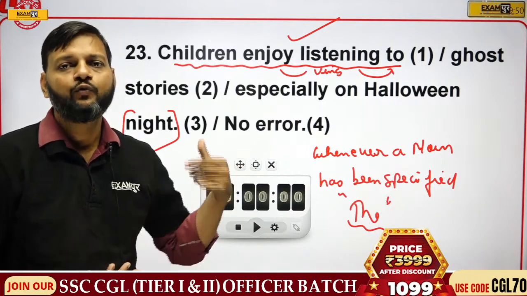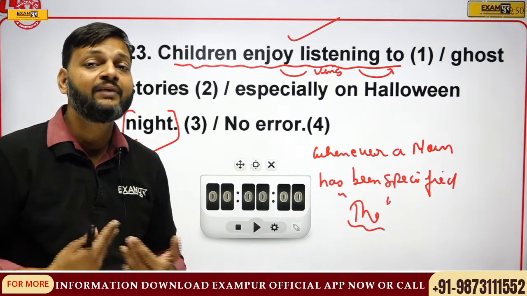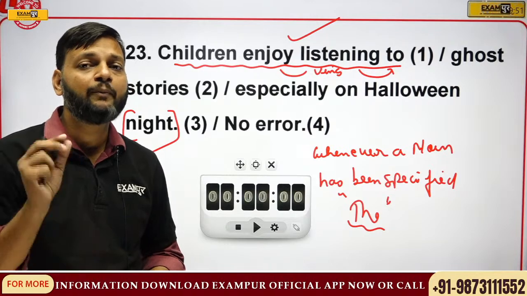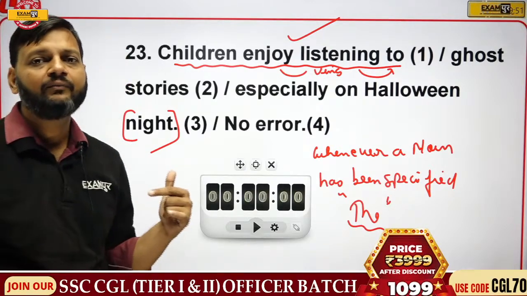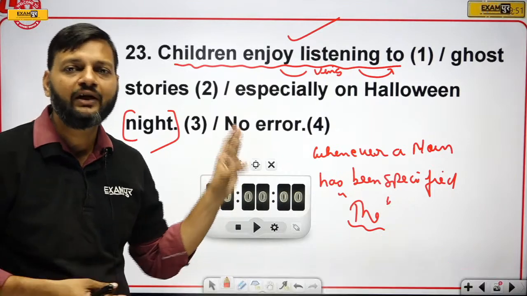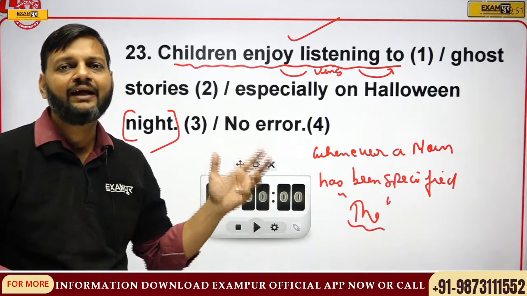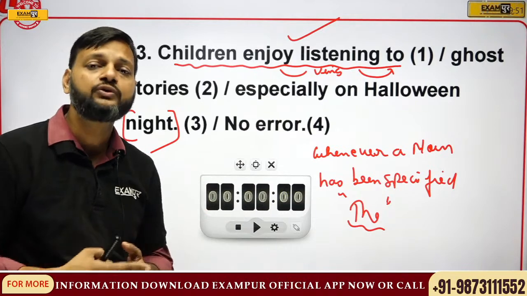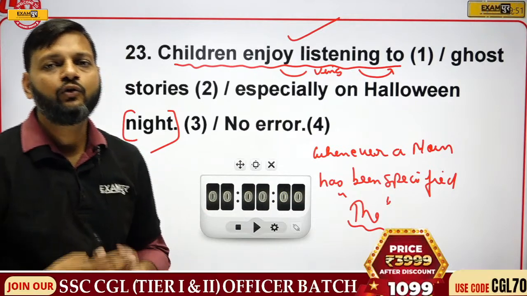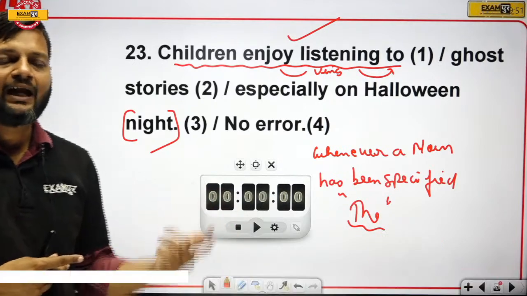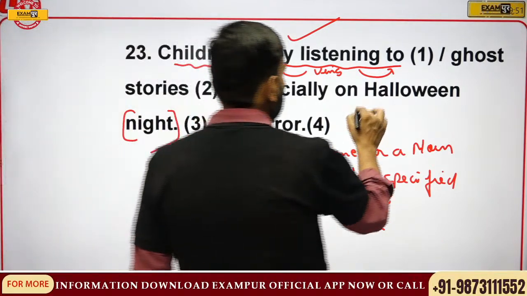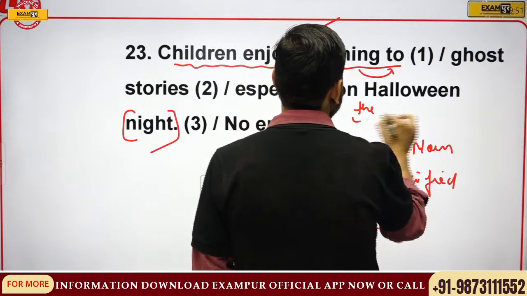Here we are talking about a particular night, which is Halloween night. Since the night has been specified, it should be used with the definite article. So on the Halloween night would be the right answer.